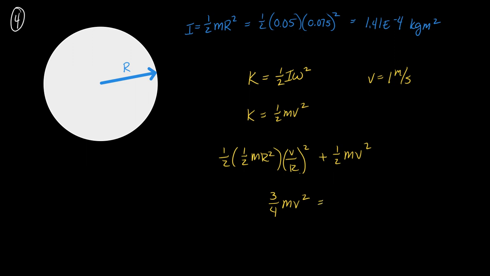So 3/4 times m, which is 0.05, times 1 squared. And this will be in joules. I get 0.0375 joules. Not terrible. All right.